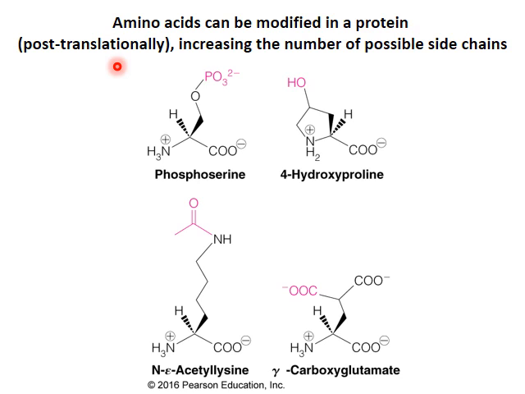One more component of amino acids is that although they have a lot of functional groups in the 20 amino acids, that's still not enough to do all of the control and regulation of protein function. So often, after a protein is made, these amino acids will get modified with a different functional group. One of the important modifications is phosphorylation.